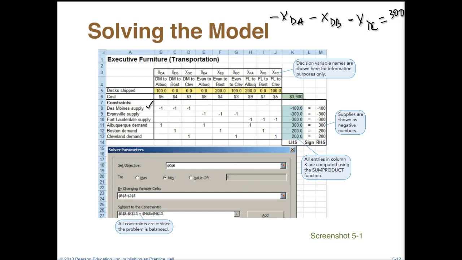Oh, sorry, that was negative 100. So here, we just have negative 1 times the x of dA, negative 1 times the x of dB, negative 1 times the x of dC, and of course, we want that to equal 100. And here, all we're doing is keeping track of exactly how much supply actually came out. And since supply equals demand, of course, we want all that to be used up.